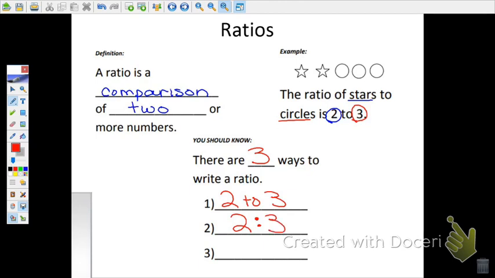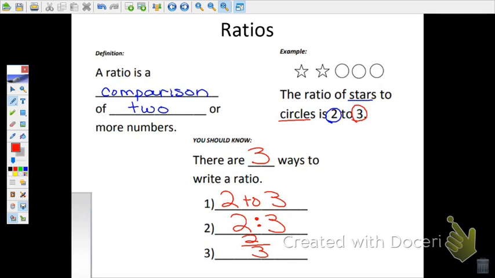When you read it, you still read it as 2 to 3, but they use a colon instead of the word "to". And then the other way that a ratio can be written when you're comparing just 2 numbers is as a fraction. And the first term of that ratio needs to go in the numerator of the fraction.